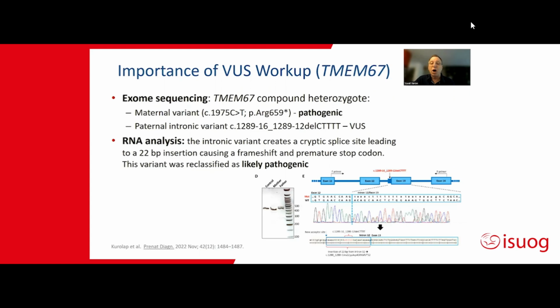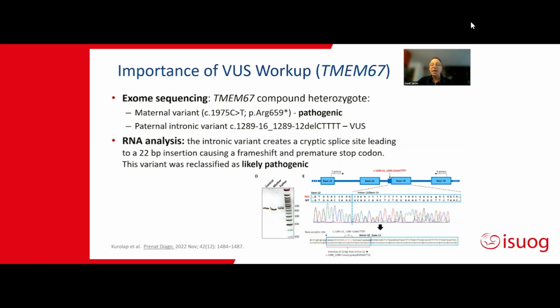It was in the intron, and it was a deletion, but it was quite distant from the splice site. So it was between -12 and -16. Of course, this was suspicious because it fitted the phenotype, but we could not determine at the time that this variant was indeed pathogenic.